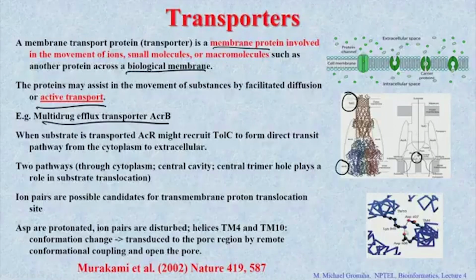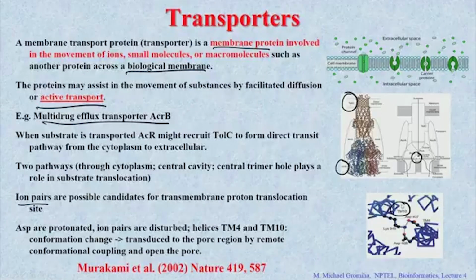During this transport, the transmembrane helices, like transmembrane helix 10, have residues involved in electrostatic interactions, like Asp407, Lys940 and Asp408. These ion pairs are possible candidates for the translocation, and they are disturbed.